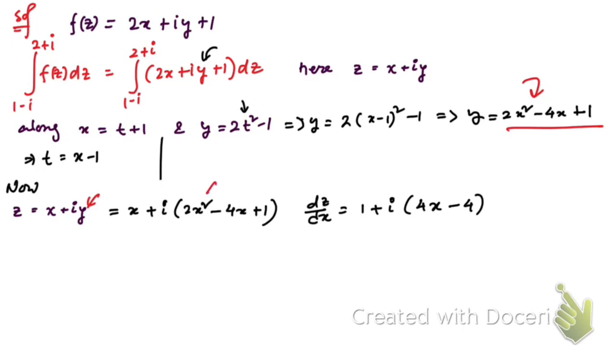If you differentiate 2x squared, that's going to be 2x into 2, that's 4x, right? And if you differentiate 4x, that's going to be 1 into 4, this is 4. Derivative of a constant is 0. So hope you have understood this. I don't think I need to explain. Okay, so if you simplify this, dz is equal to (1 plus i(4x minus 4)) into dx.